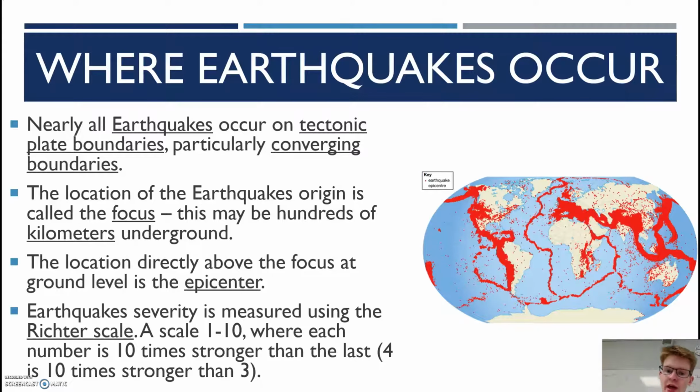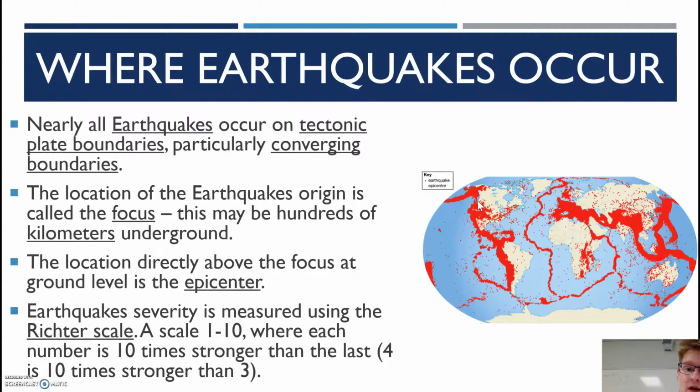We can predict where an earthquake will occur. If you look at where all past earthquakes have occurred, you'll see that they generally tend to occur along plate boundaries. Most notably, you'll see a lot more earthquakes occurring in these thicker areas. That's because these are occurring on either converging or transform boundaries.